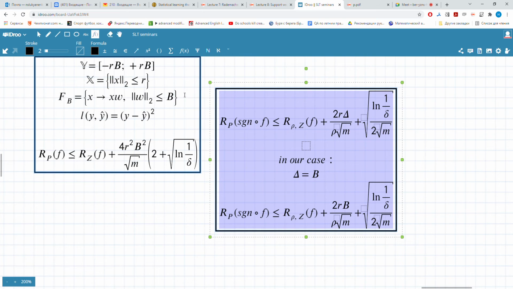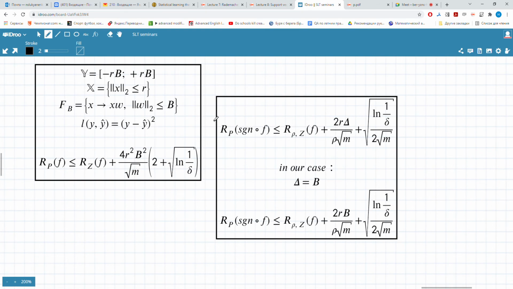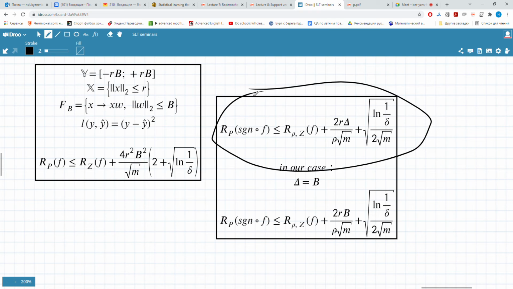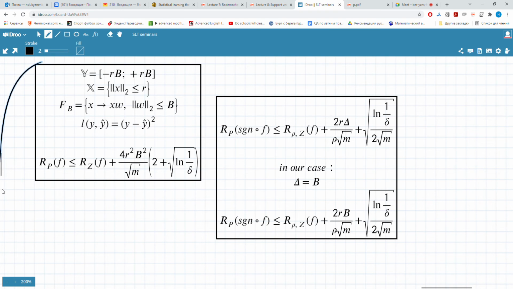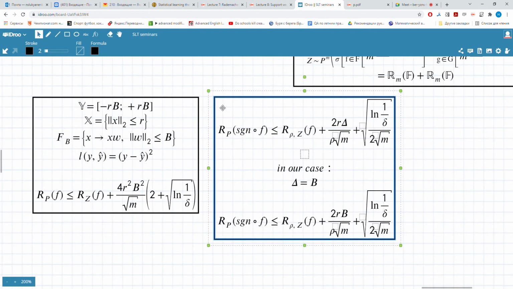But look, what part of the condition don't we touch? What's the difference between the case of applying this lemma and our case? We haven't looked at a part of the condition. Which one?